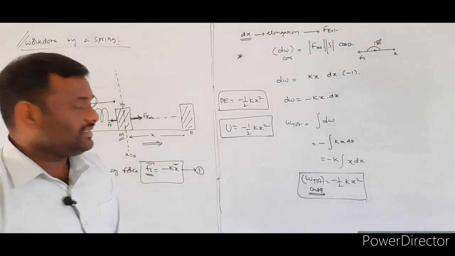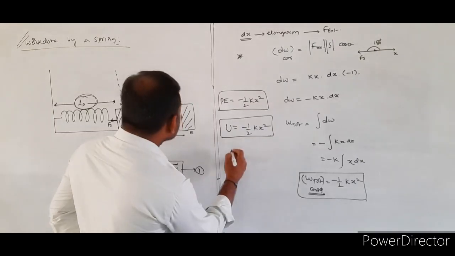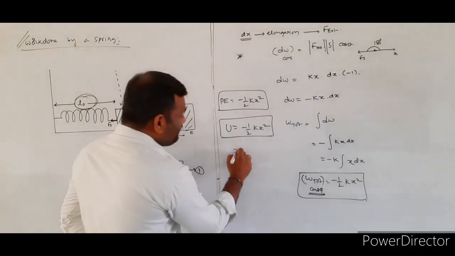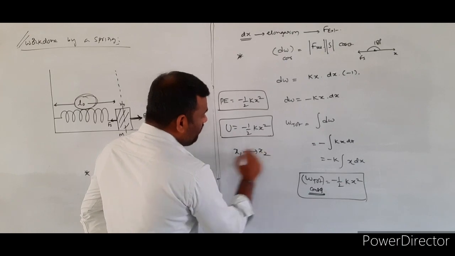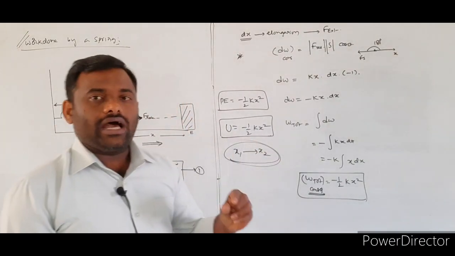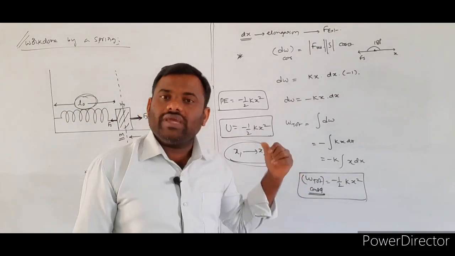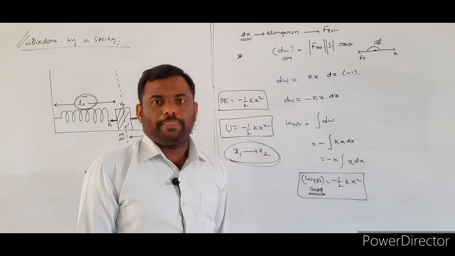Sometimes they ask, what is the work done for elongating the spring from x1 to x2? What is the work done required in elongating or compressing the spring from x1 to x2? How can we calculate this value? Now we will see.